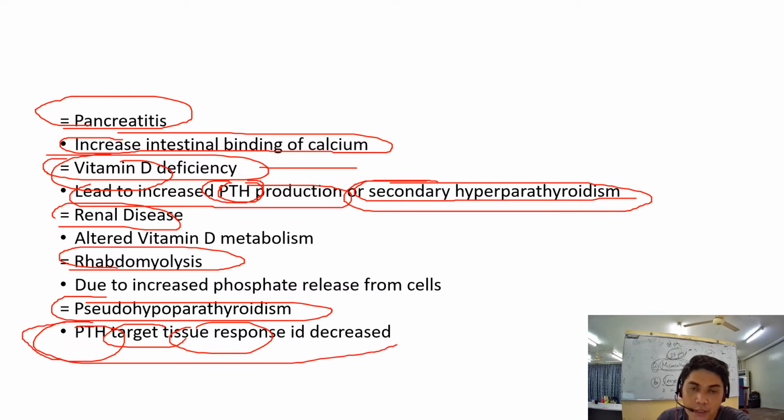So your body is producing enough PTH, but the problem is the target cell of PTH is not that responsive. So if there's no reaction between PTH and receptor, no bone resorption and no reabsorption of calcium. Okay, so that's for pseudo-hypoparathyroidism.